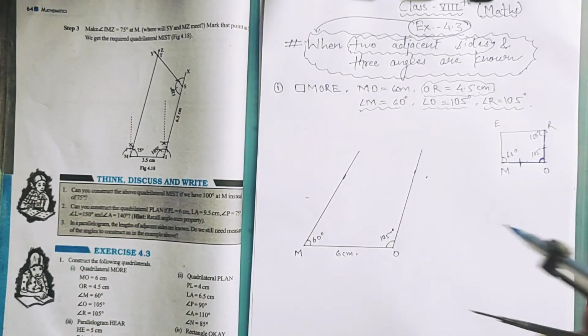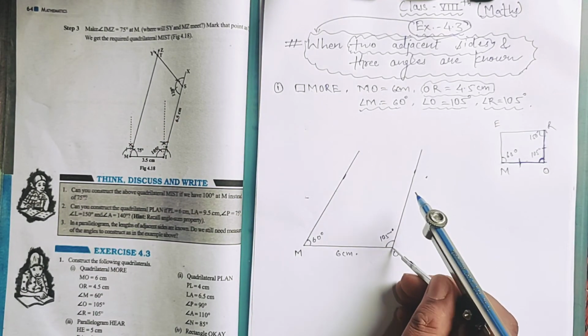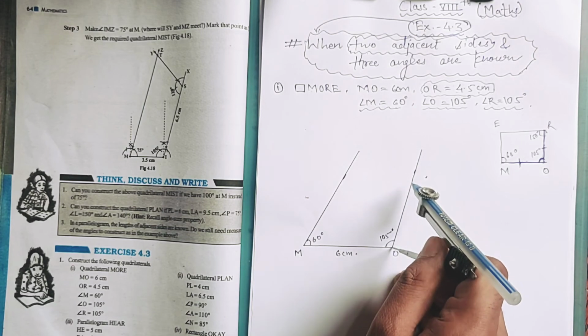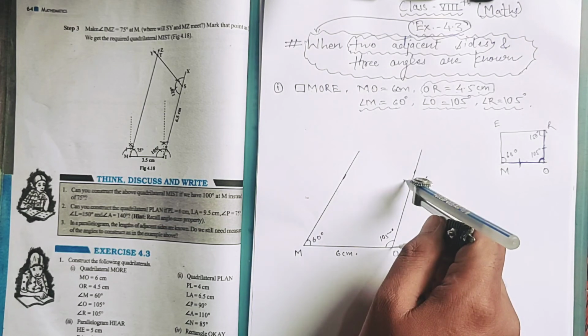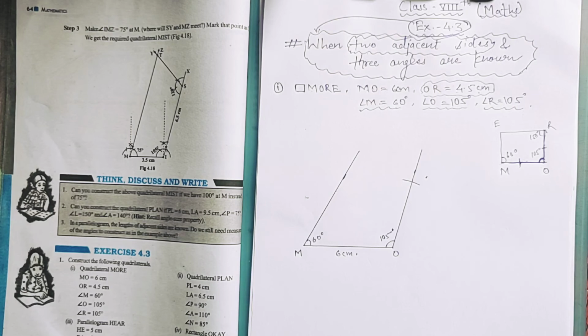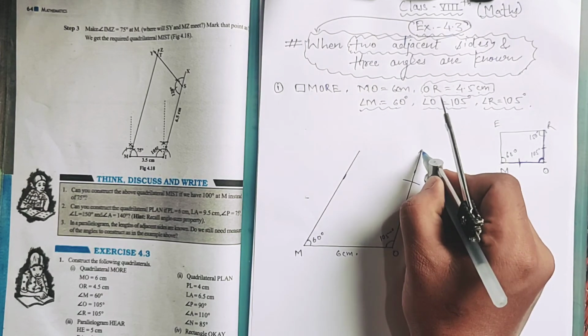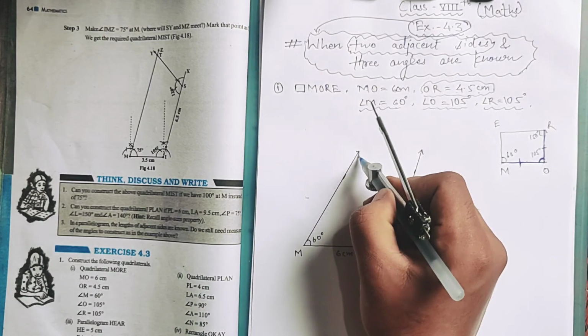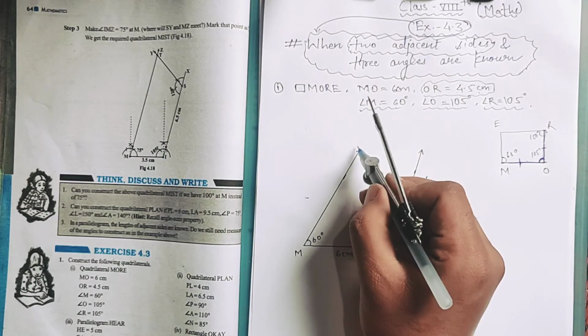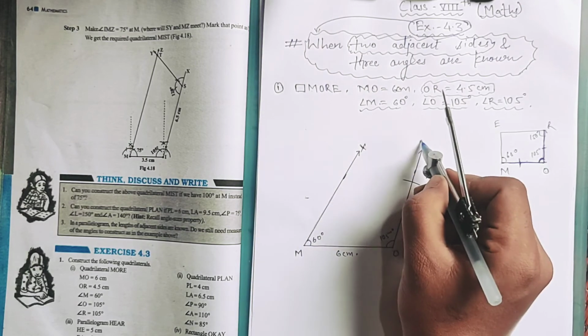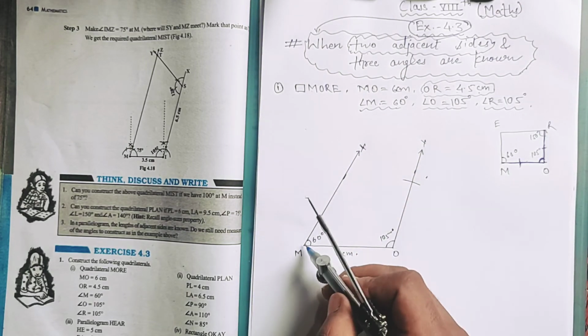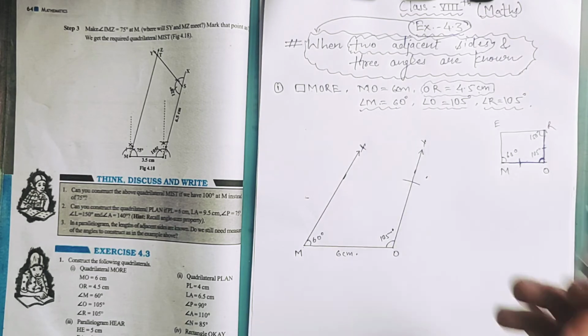Now put the pointer of the compass at point O and draw an arc upside in the angle's line. Now this is the angle's line, so we may write the names of these also, X and Y. Okay, so OX is a ray, OY is a ray.